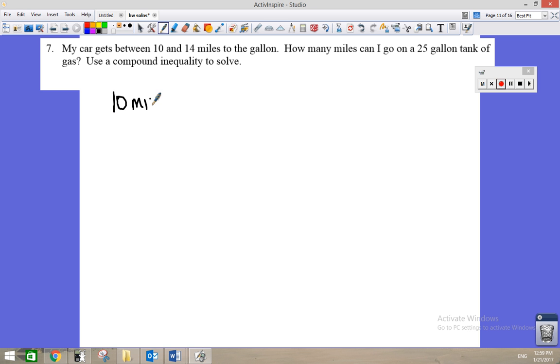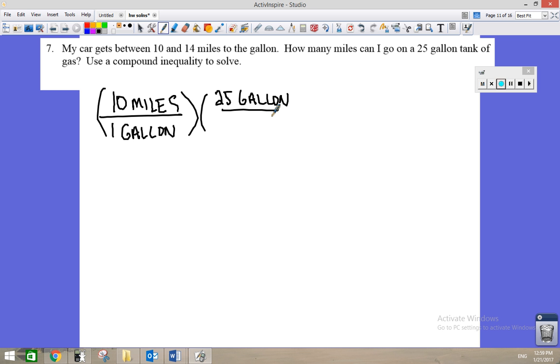So when you're in the city, at this low value, if we're getting 10 miles per 1 gallon of gasoline, and we have 25 gallons, we can multiply, because think about what that means. If you had 1 gallon of gas and you're getting 10 miles per gallon, you've gone 10 miles.